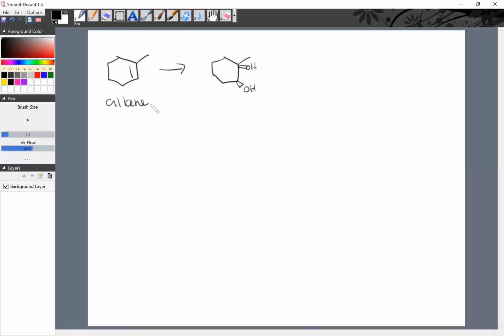So what did I do? Well, this looks like addition. Now dig into some details. What did you add? You added diols, so you added two of them. And then how did you add them? This is syn. They went on the same side.